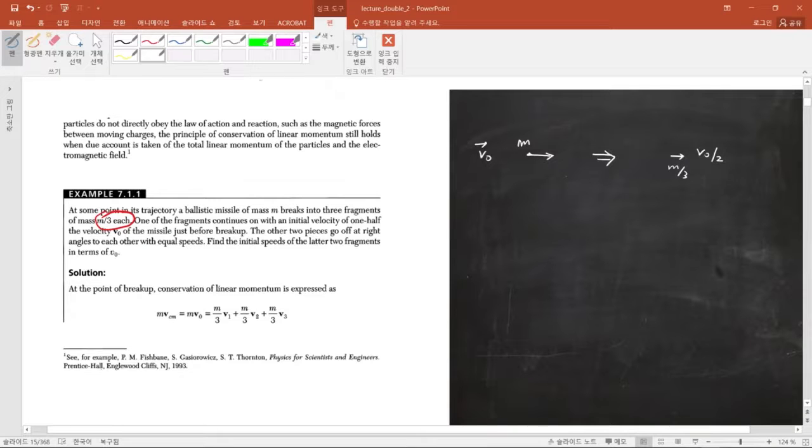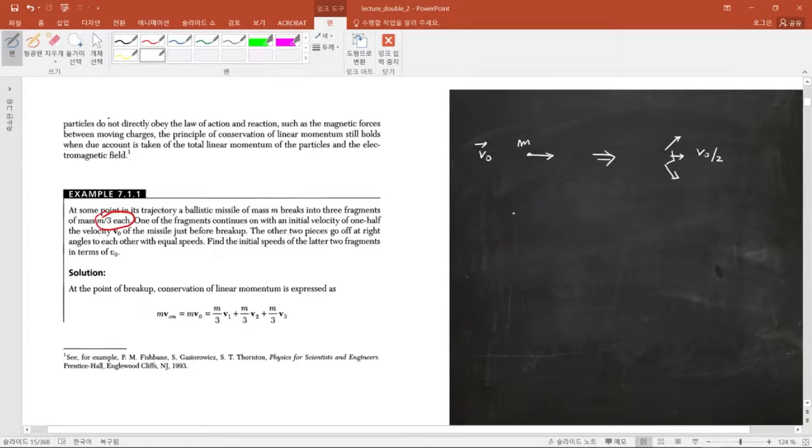The other two pieces go off at right angles with each other, since each mass is 1/3.